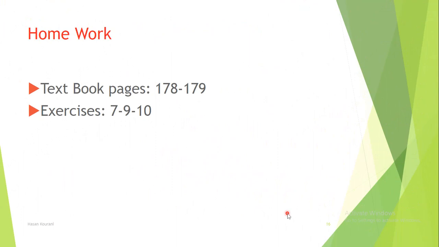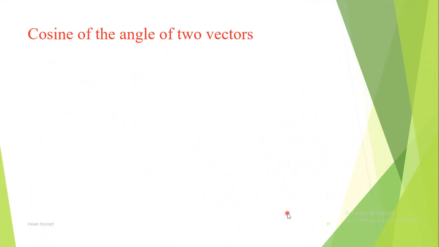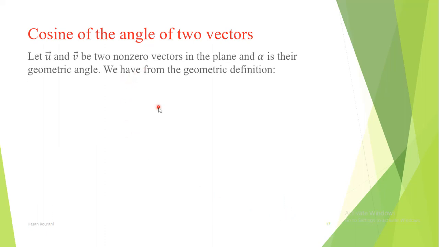Okay, this is our homework, and we are going to continue with the next idea, which is the cosine of the angle of two vectors. It's quite easy. If we have two vectors in a plane, u and v, and alpha is the geometric angle between them, then from the geometric definition, as you know, u dot v is the magnitude of u times the magnitude of v times cosine alpha.